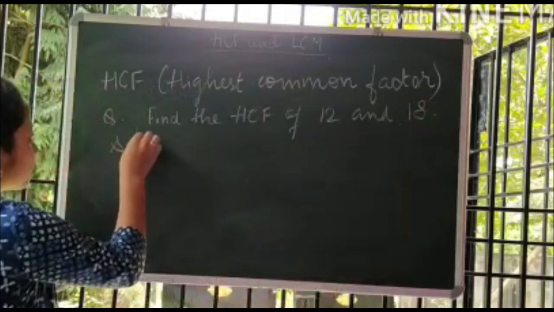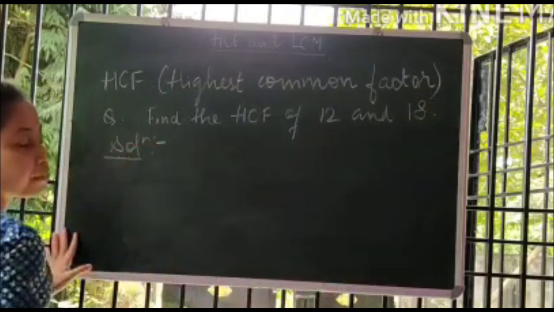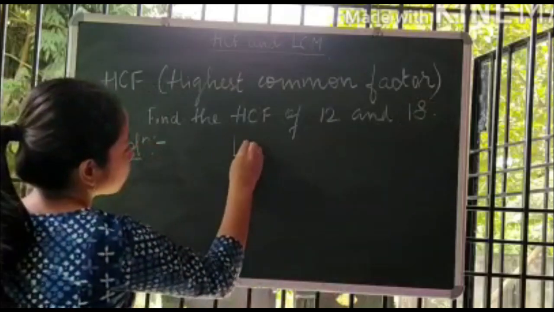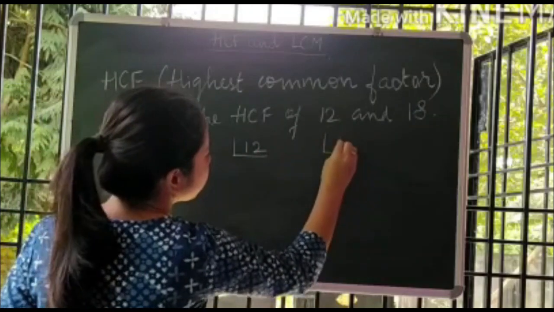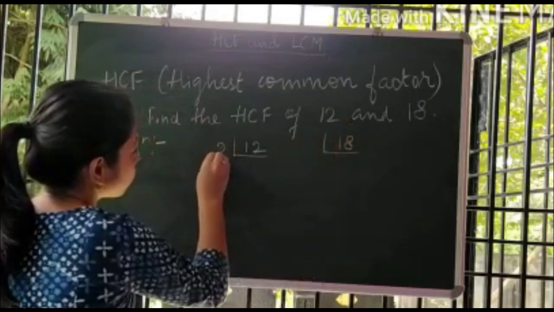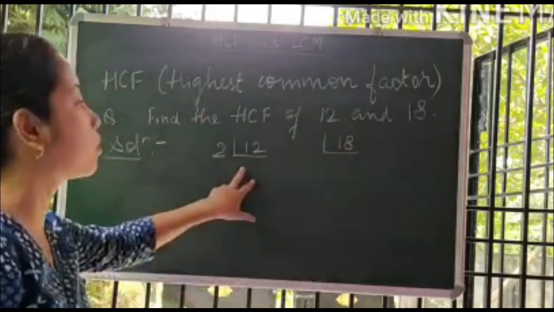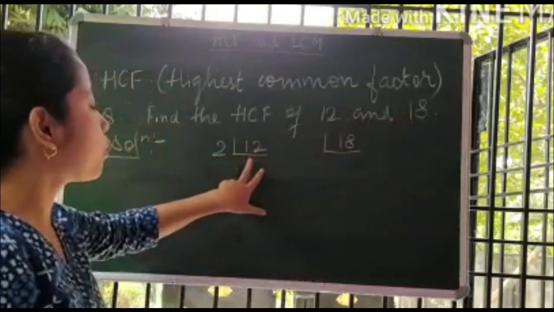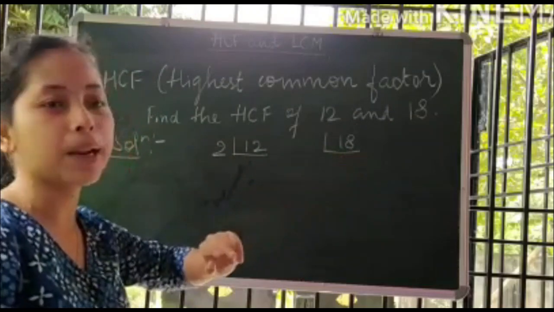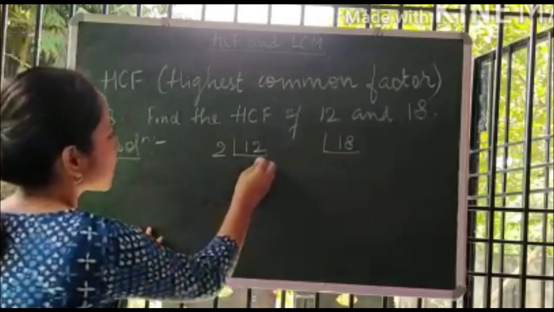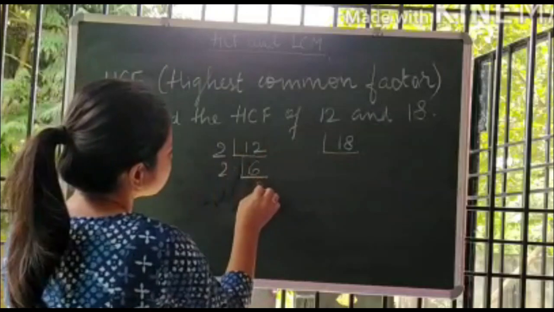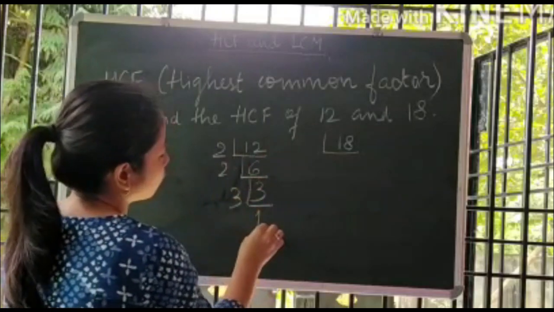Solution, how will you find HCF of 12 and 18? We will take the prime factorization of two numbers, that is 12 and 18. What is the prime factorization of 12? 2 6s are 12, then 2 3s are 6, then 3 1s are 3.